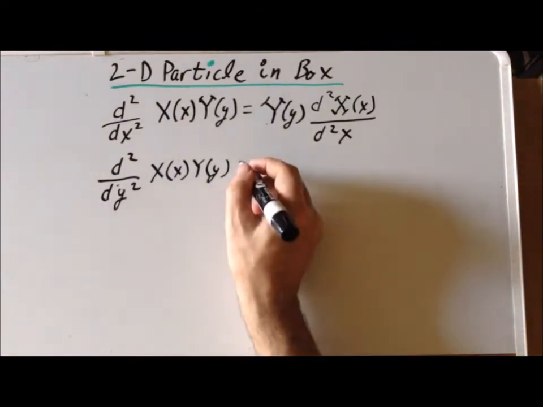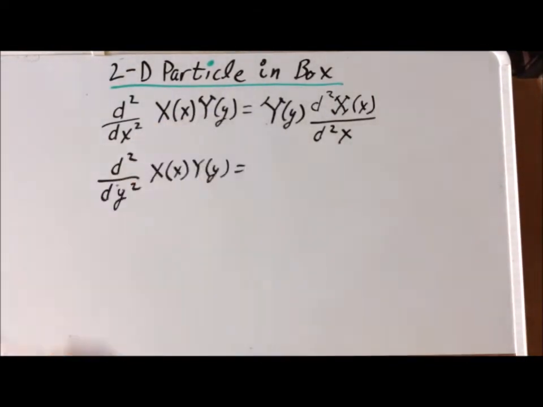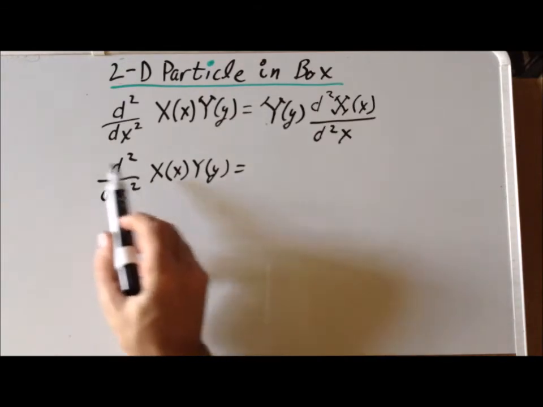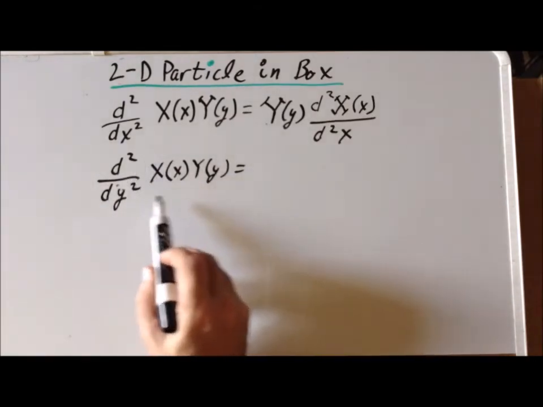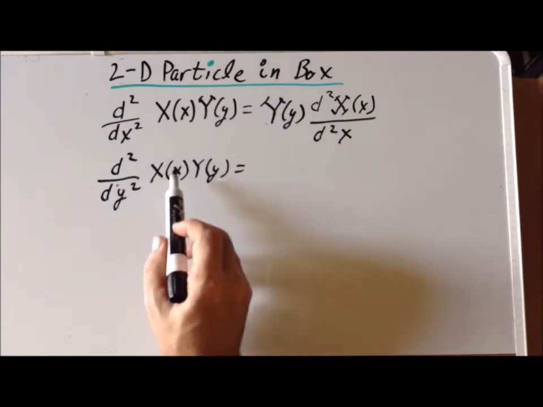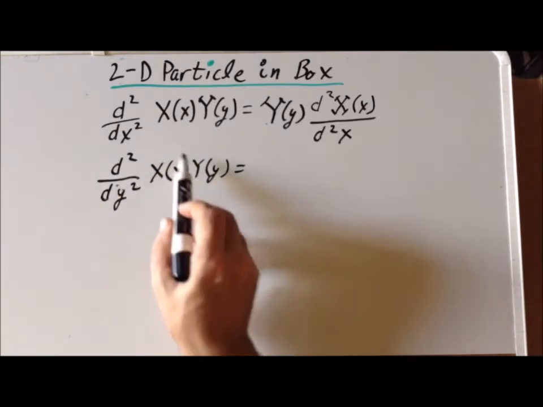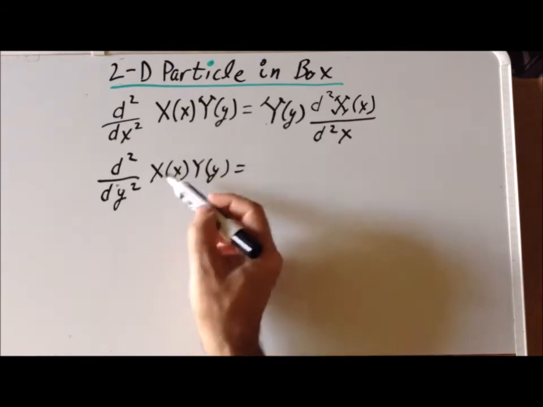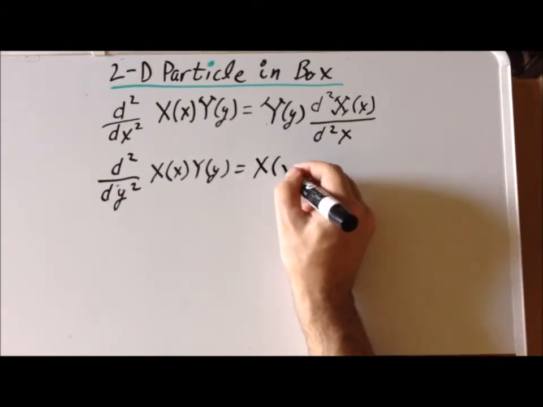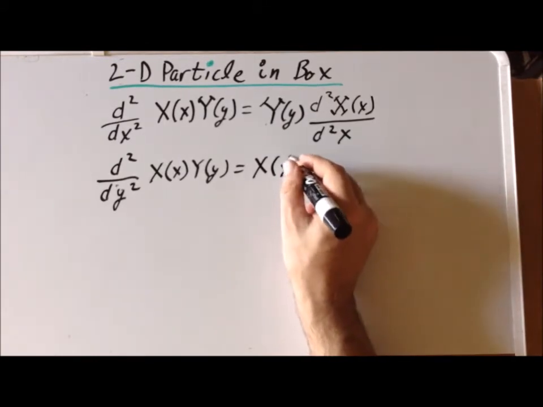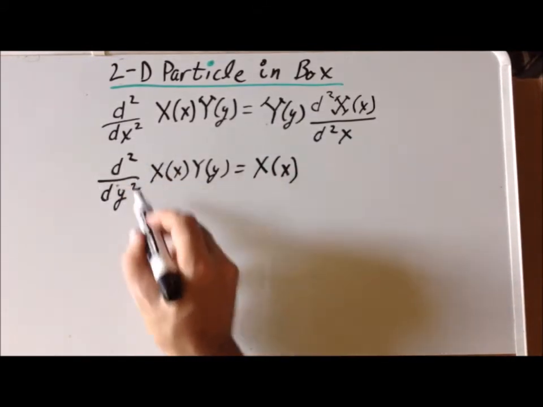And for the same reasoning that we used here, if we're looking at the derivatives with respect to y alone, any function of x by itself is not going to be affected. So this acts as a constant when we're taking partial derivatives. So we pull this to the front. And then we take the second derivative with respect to y.